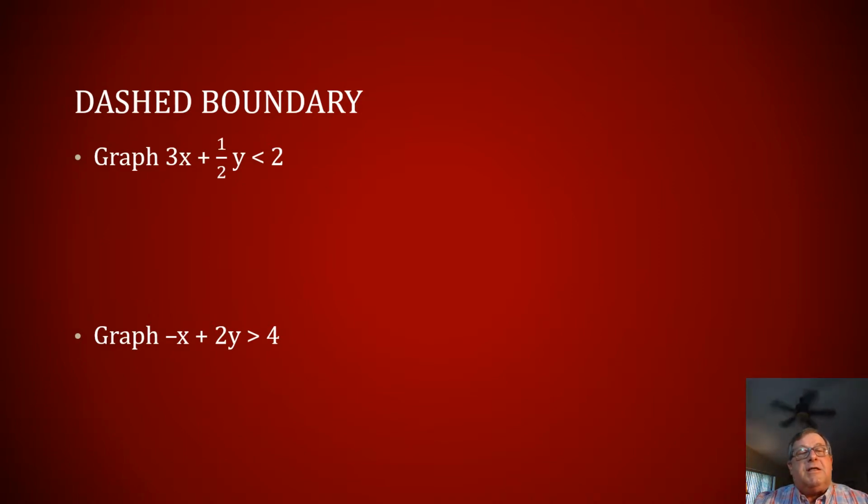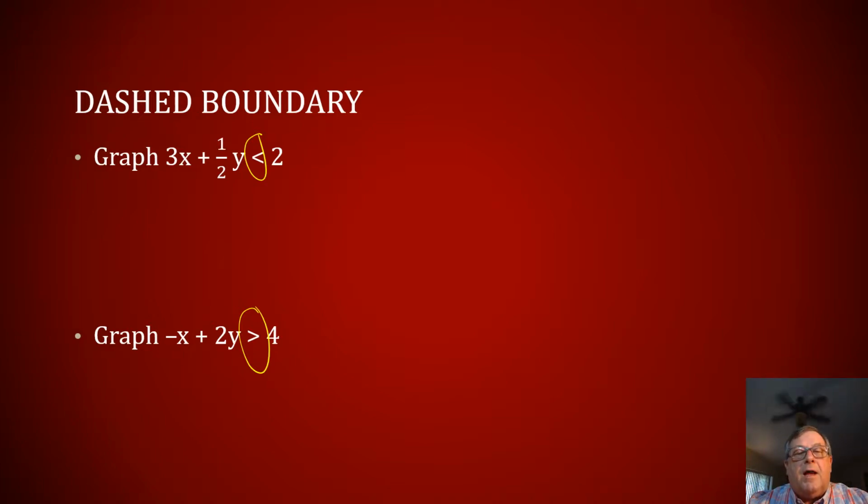Now, you notice that this is titled Dashed Boundary. And the reason why it's titled that way is when I look at the two inequalities that I have here, I've got a less than and a greater than. And it's just like with open dots and closed dots on a number line.